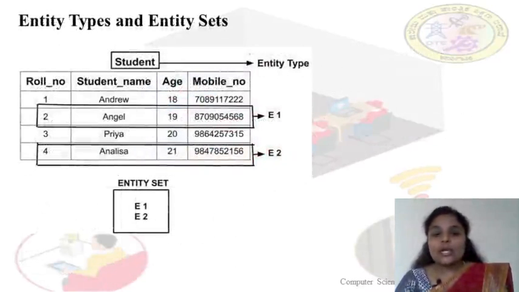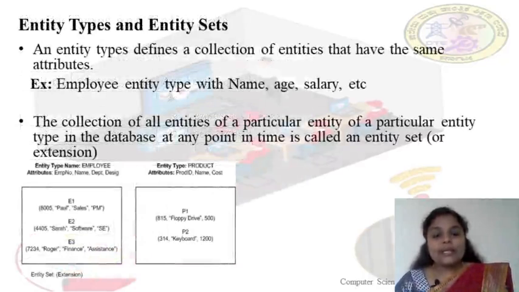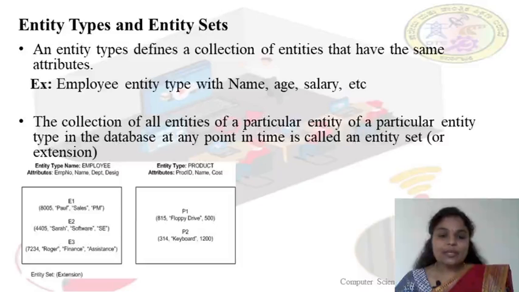As I told you, all four should have the same attributes. I'm not supposed to have an extra attribute here. I can have one, but if I do, all four students should have that value. Clear? I repeat, the entity type defines a collection of entities that have the same attributes. For example, the employee entity type.